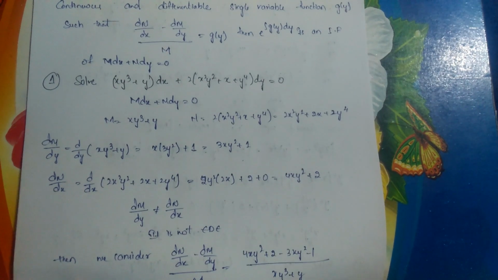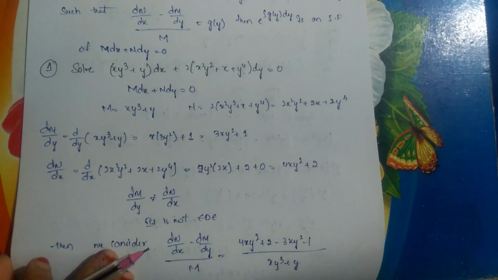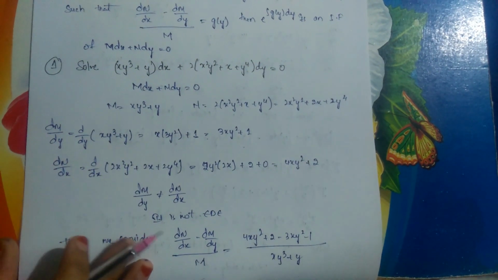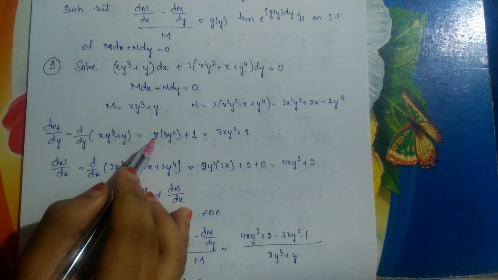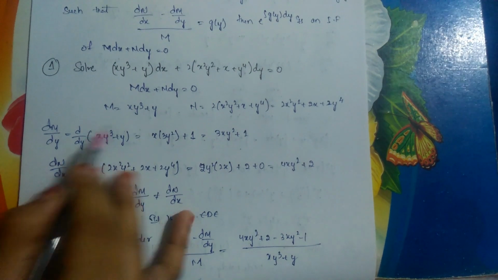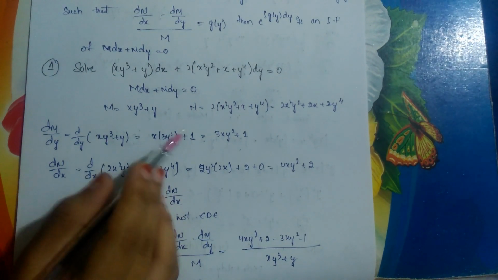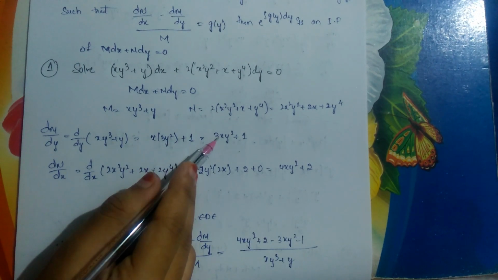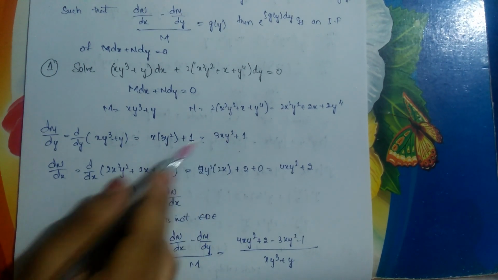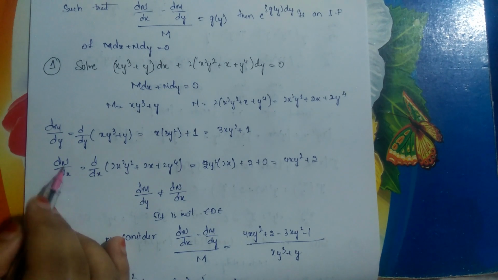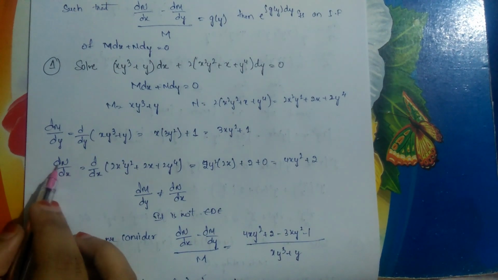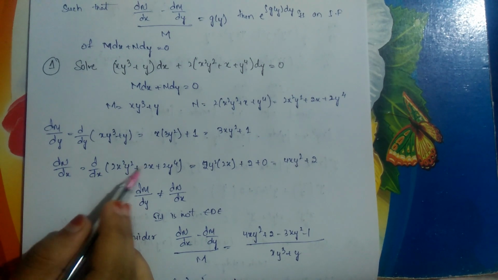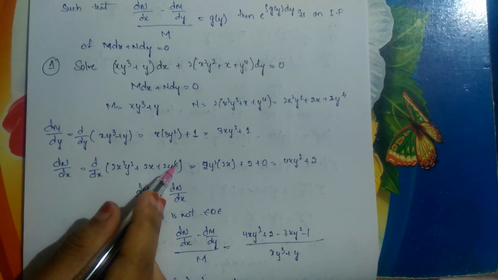So ∂M/∂y equals ∂/∂y of (x y cube plus y), that equals x into 3y square plus 1, that equals 3xy square plus 1. Now differentiate the function N with respect to x. ∂N/∂x equals ∂/∂x of (2x square y square plus 2x plus 2y power 4).